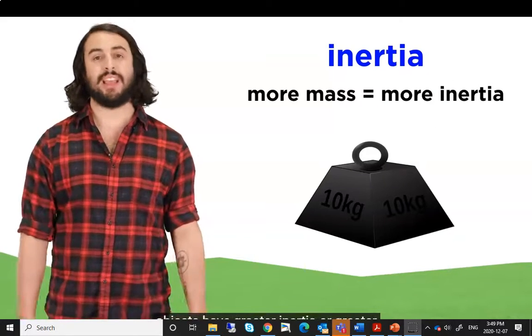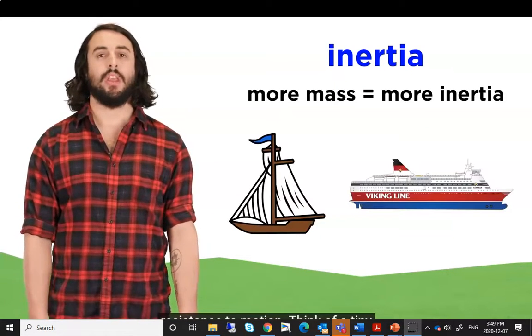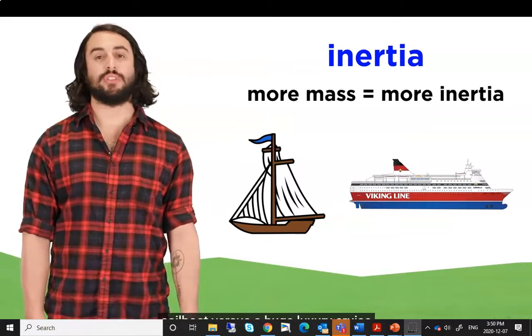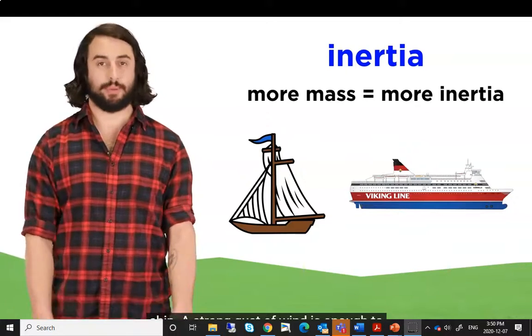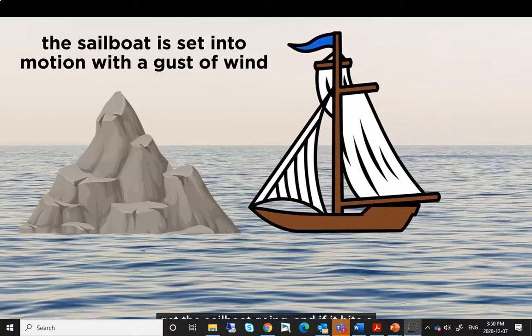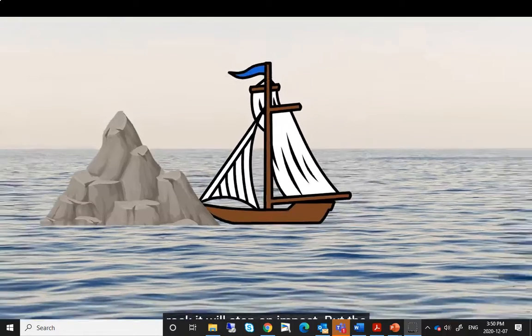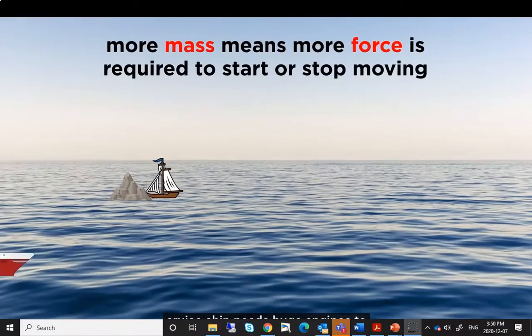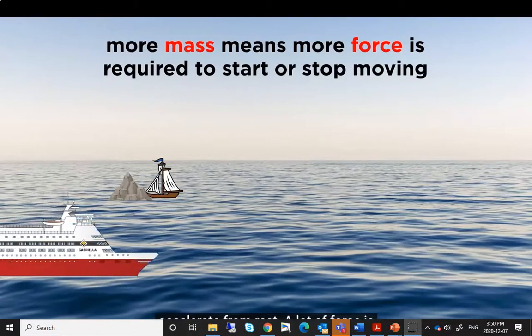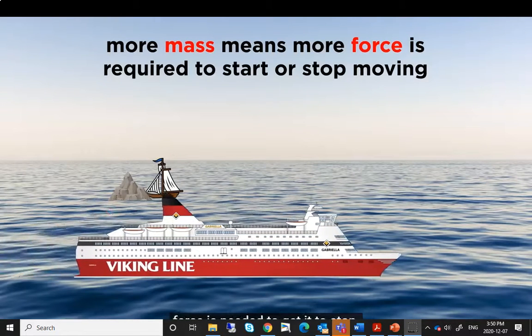More massive objects have greater inertia, or greater resistance to motion. Think of a tiny sailboat versus a huge luxury cruise ship. A strong gust of wind is enough to get the sailboat going, and if it hits a rock, it will stop on impact. But the cruise ship needs huge engines to accelerate from rest. A lot of force is needed to get it going, and a lot of force is needed to get it to stop.